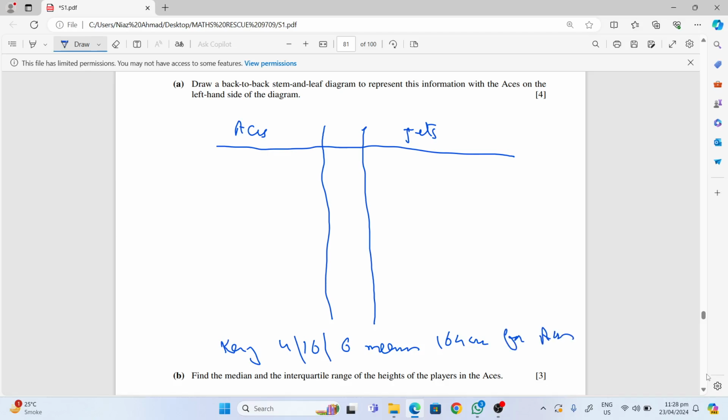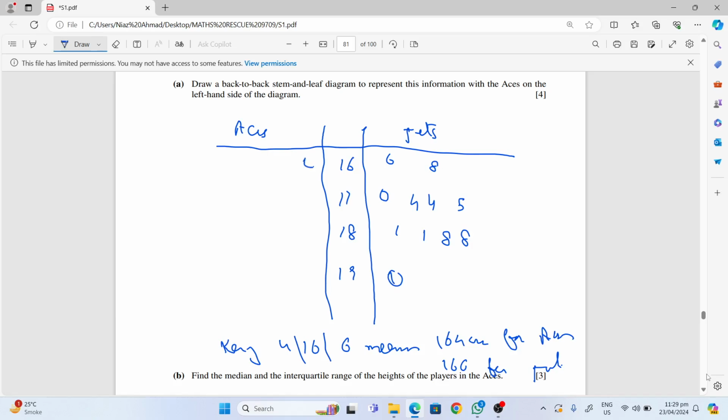for aces and 166 for jets. So if I write 16, 17, 18, 19, so here 6, 8, 0, 4, 4, 5 and 18, 1, 1, 8, 8 and here 1 and 19, that is 0.